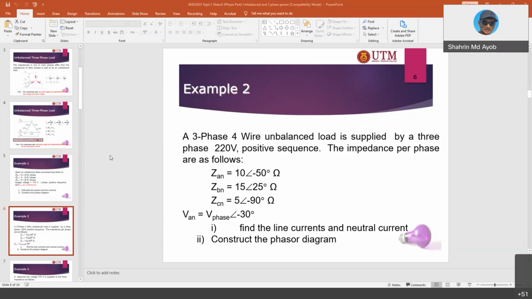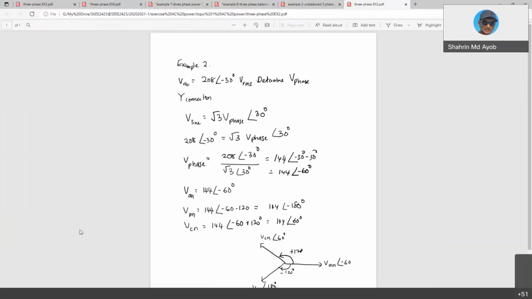Okay, we go back to example 2, balanced system. Okay, hold on. There is a question from your friend. For example, balanced 2, the V phase should be 120 degrees, not 144.